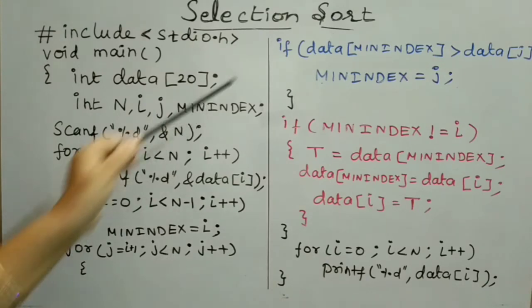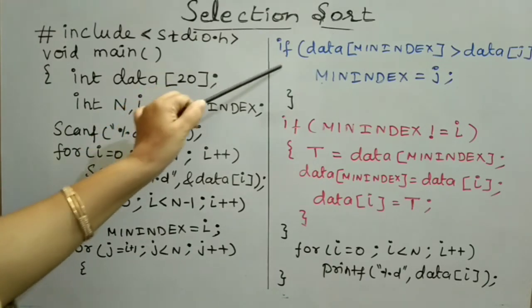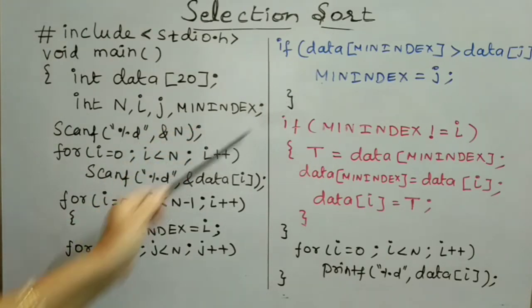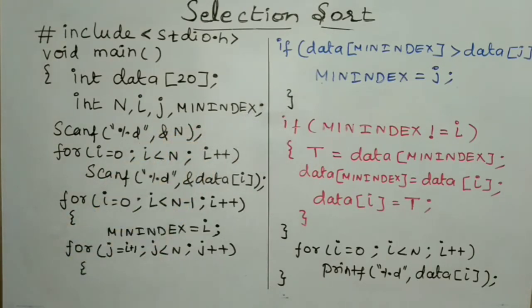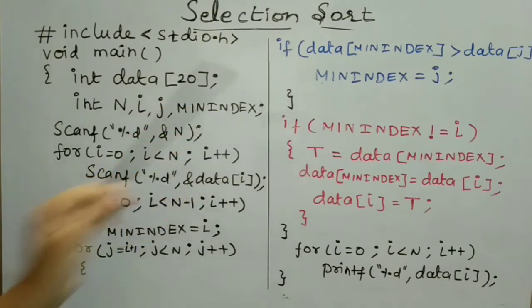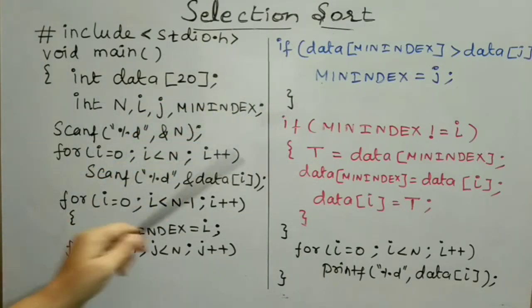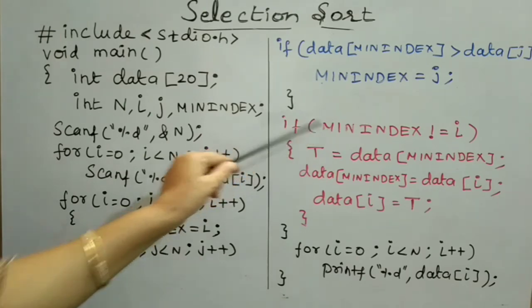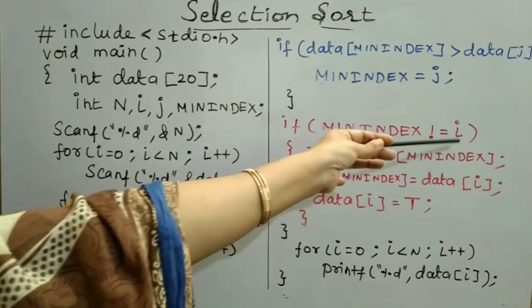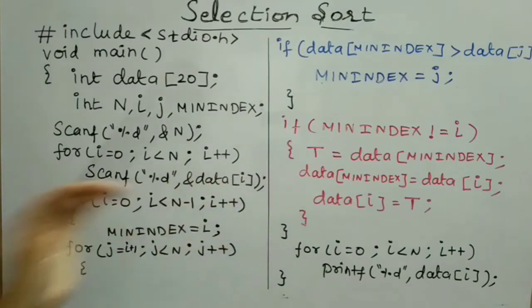After we have performed the comparison procedure, when we come out of this for loop, minimum index will have the index position of the smallest element. The smallest element in the minimum index position has to be swapped to its appropriate position, that is i, using this swapping procedure.